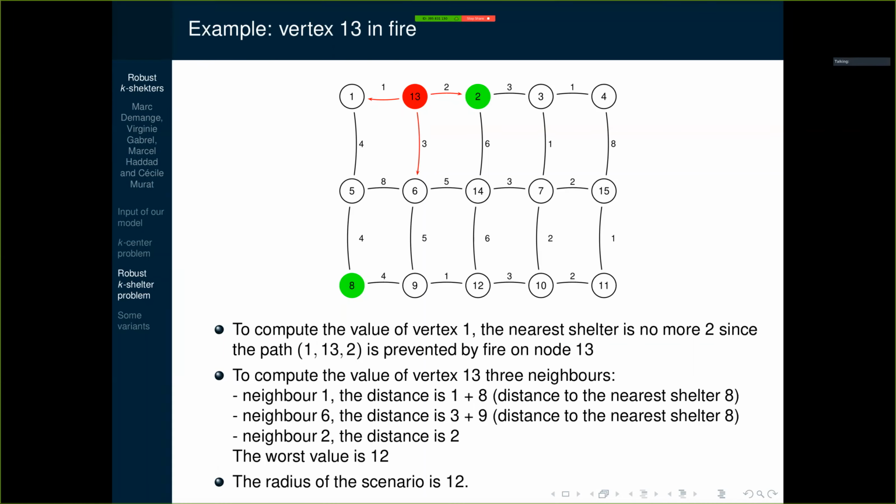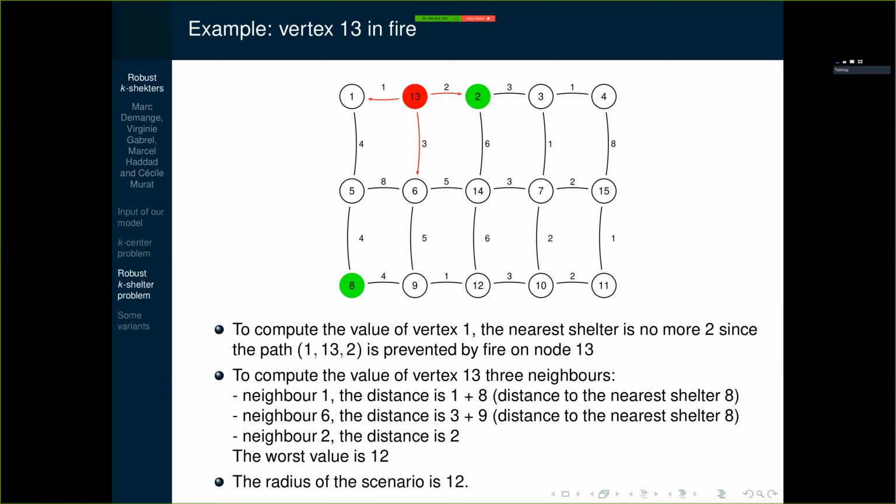And to compute the value for the vertex 13, we have to take into account the 3 neighbors of this vertex. If people run away to neighbor 1, the solution is 1 plus 8, so 9. If people run away to vertex 6, the solution is 3 plus 9, since they go to the shelter 2.